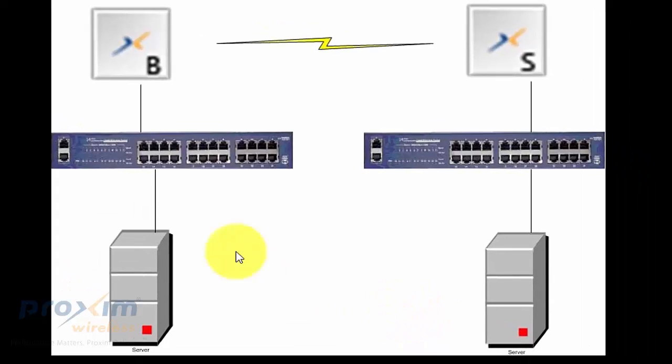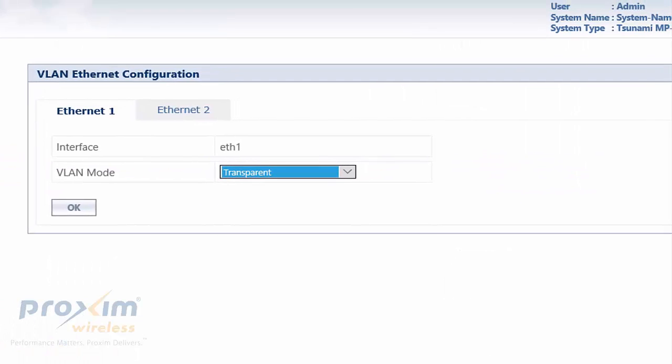Just as we talked about, the information is going to go from the VLAN switch past the base station to the satellite to the VLAN switch. You could have 200 VLANs. The radio is not going to care. It's just going to pass it along happily. By default, this is the setting, so you really don't need to do a whole lot.